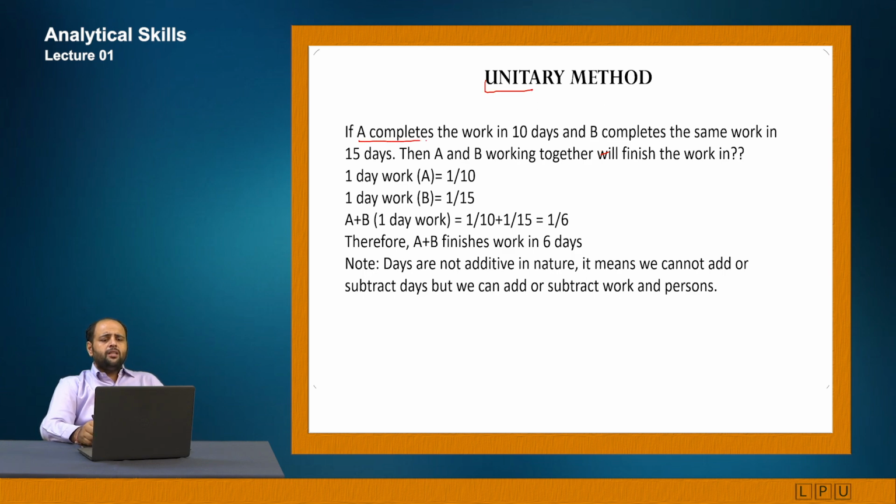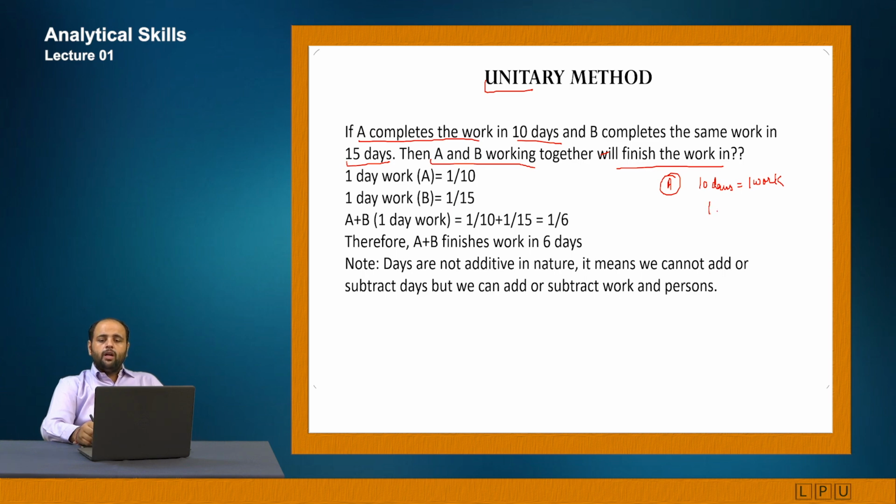If A completes the work in 10 days and B completes the same work in 15 days, we have to find out in how many days A and B working together will finish the work. So, what will be the simple procedure? First of all, we will discuss A. A does the work in 10 days, that is, one work is to be completed in 10 days. So we have to find out the 1 day work.